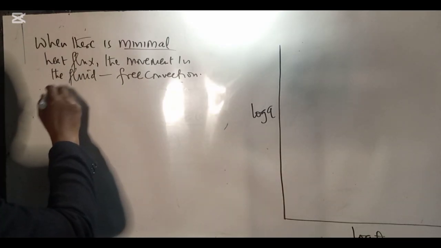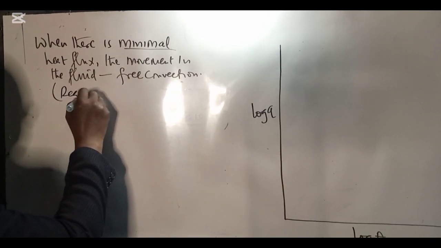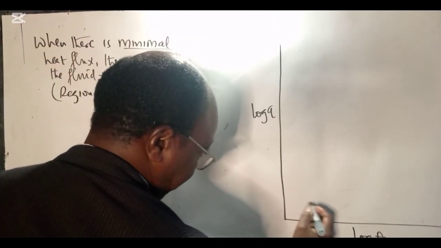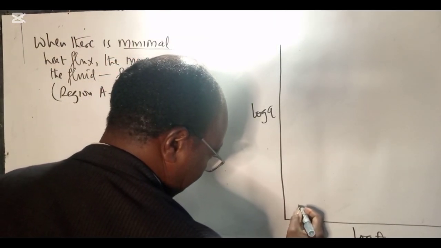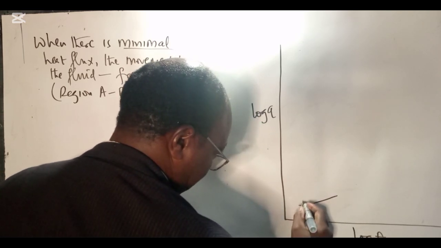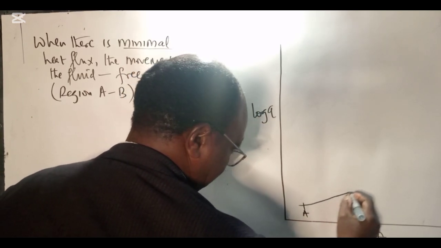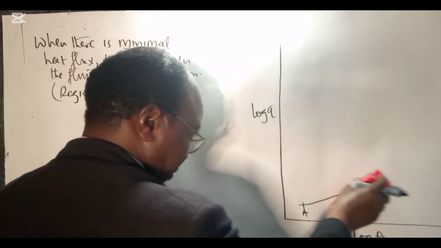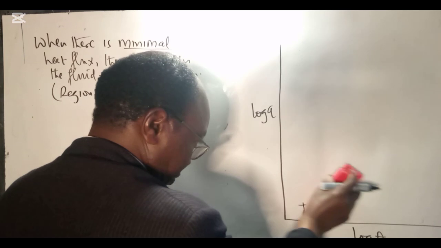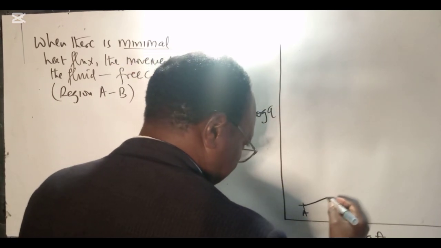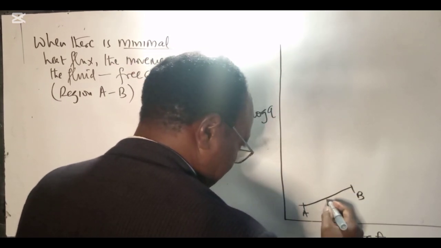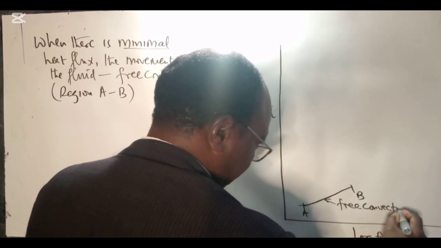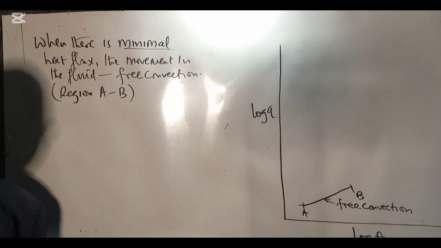So think of that as region A to B. Let's call this region A to B, free convection. So most of the movements will basically be free convection.